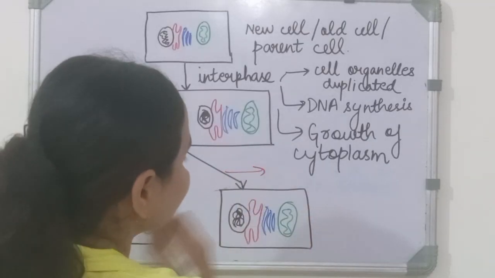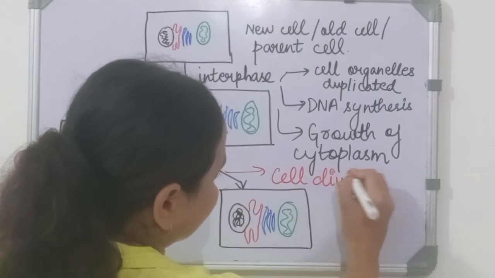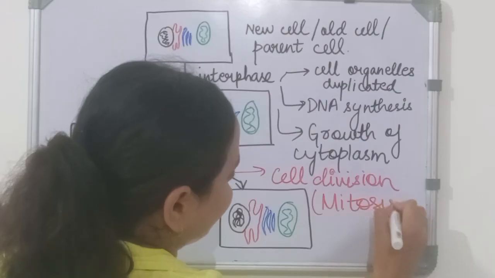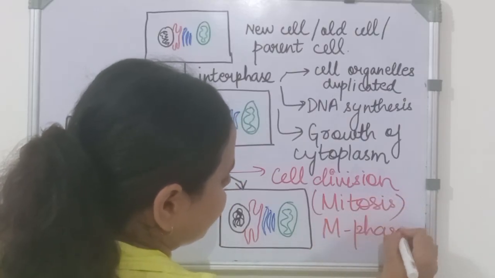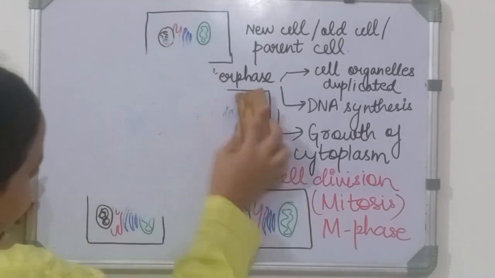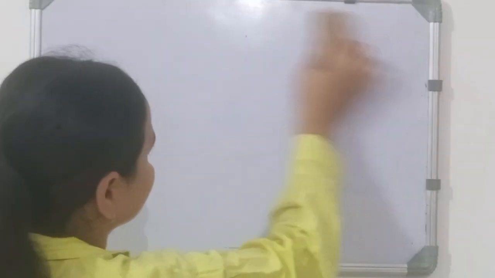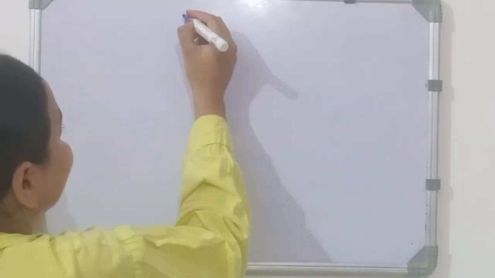So this is our cell division stage or mitosis or M phase. So what we saw is that after the division new cells are formed, and that division is known as mitosis.